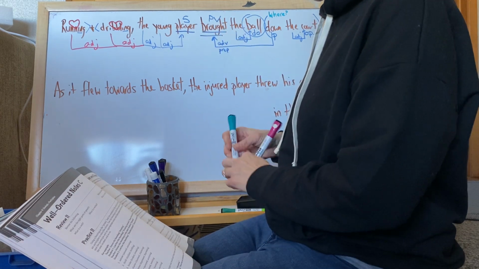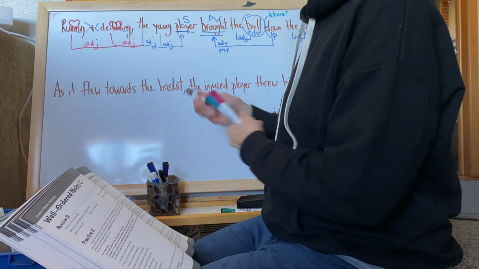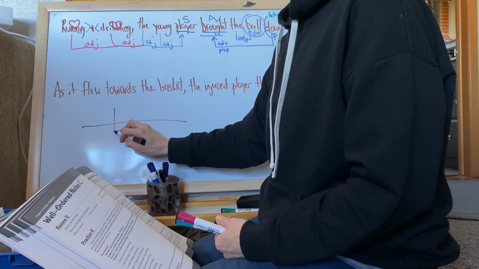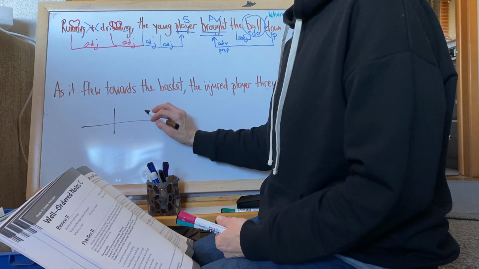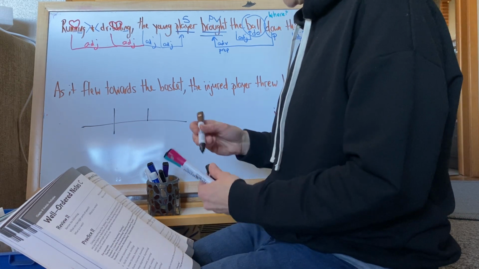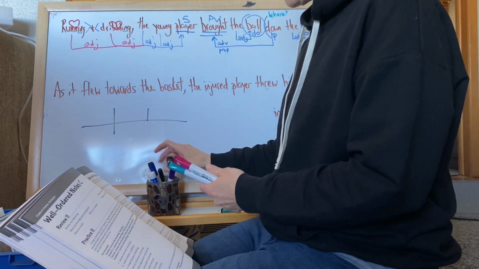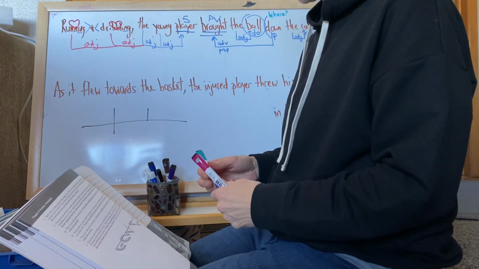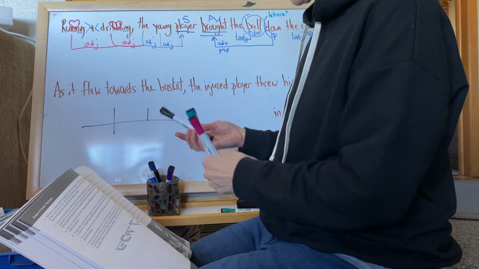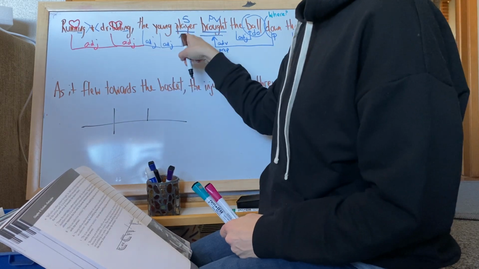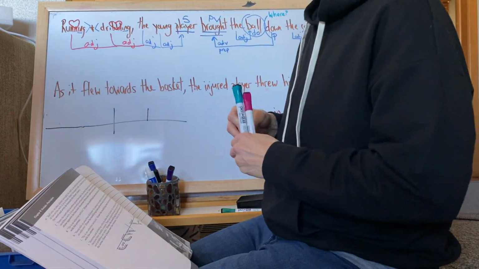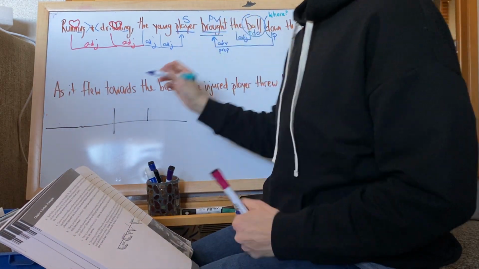So I'm going to draw my line up. I might run out of space, but I can always erase my board. It looks like I have a lot of adjectives for my subject, so I'm going to extend this out. We have player as our subject.